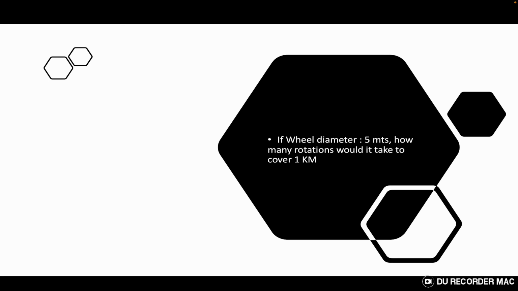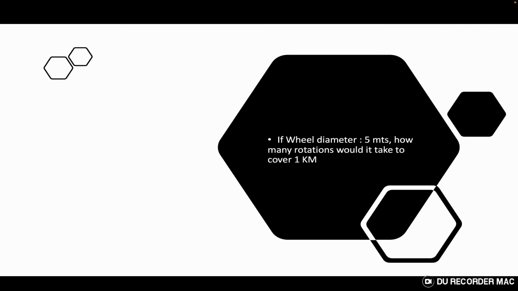So what we can do is, okay, let's cut this tire and see what is the length of this tire, and the length could be, I don't know, maybe 10 meters or maybe 15 meters, right? Based on that, you can find out the actual number of rotations it would take to cover 1 kilometer distance by a 5 meter wheel.